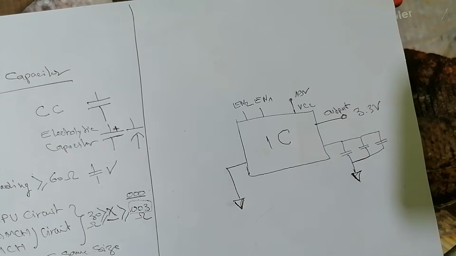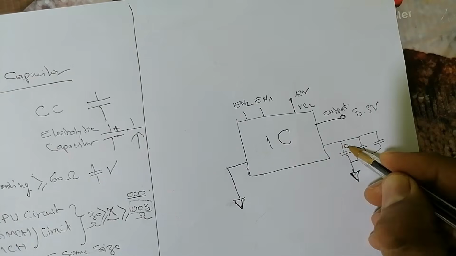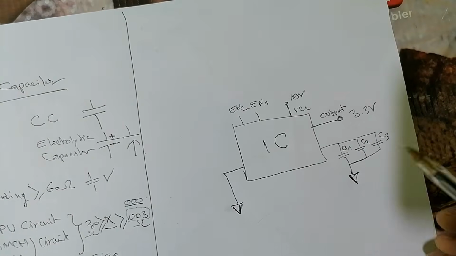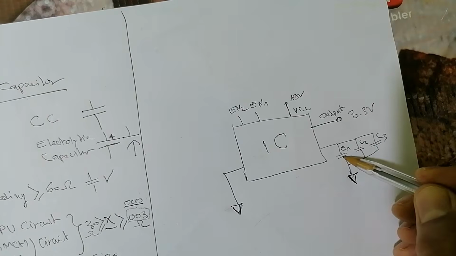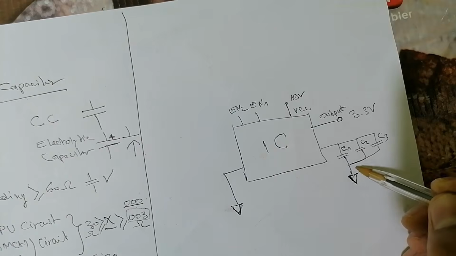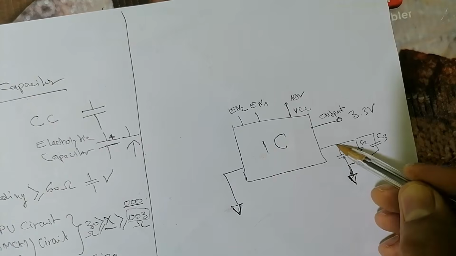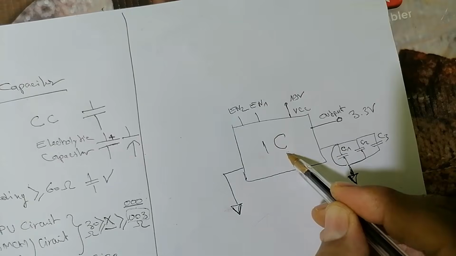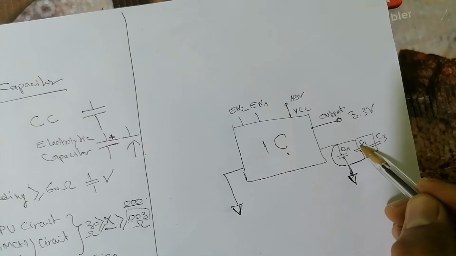Let's assume we have C1, C2 and C3. If this one is shorted and this one is shorted and this one is shorted, what does it mean? Here we have ground and also here connected to the ground. It means the shorted one is the IC, not the ceramic capacitors.